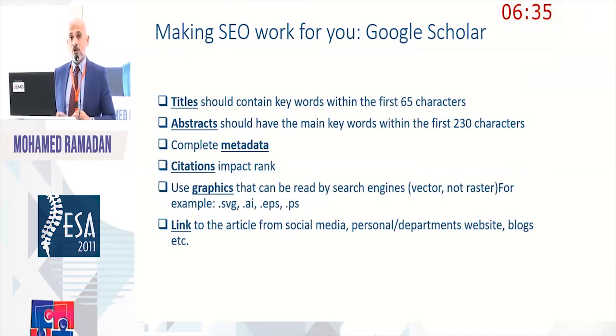We should also use graphics that can be read by search engines, so you should use vectors. We also try to post links to our work on social media if that is appropriate. Also, we should post it to our department and our homepage, and so on.